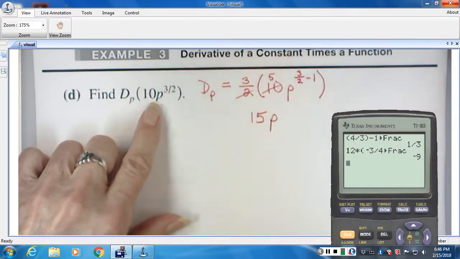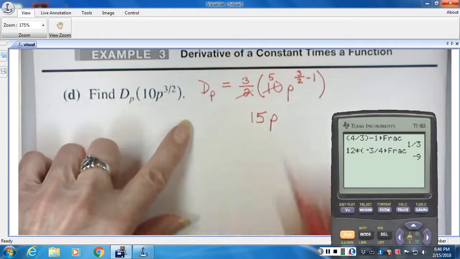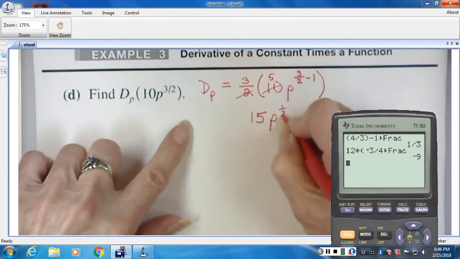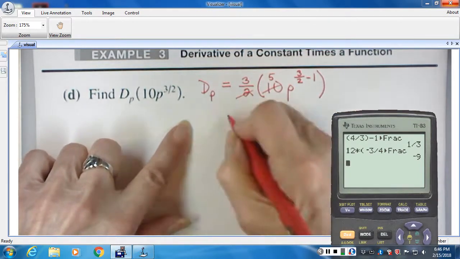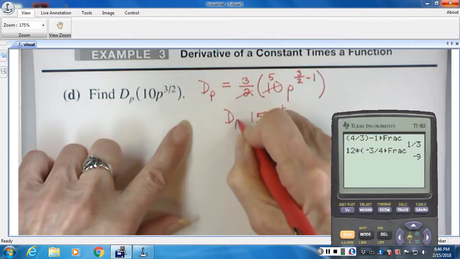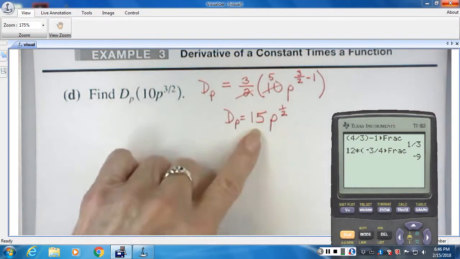P, 3 halves minus 1 is 1 half. So the derivative of that function with respect to p was 15p to the 1 half power.